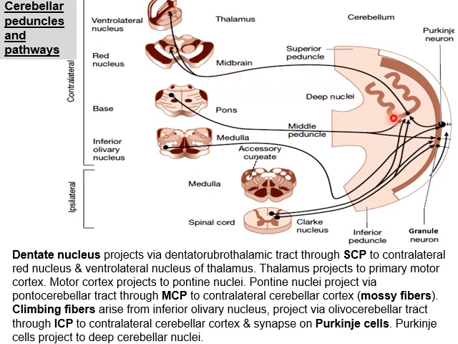The dentato-rubrothalamic tract runs in the superior cerebellar peduncle, and it reaches the contralateral side. That means it is reaching the opposite side. The word contralateral means opposite. So if this is from the right side of the cerebellum, it will go to the left red nucleus and left ventrolateral nucleus of thalamus.